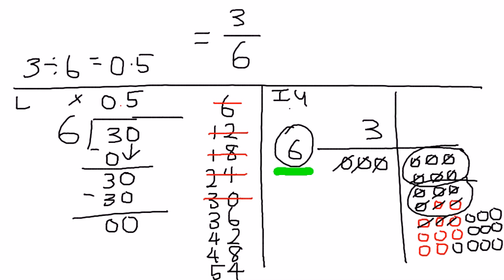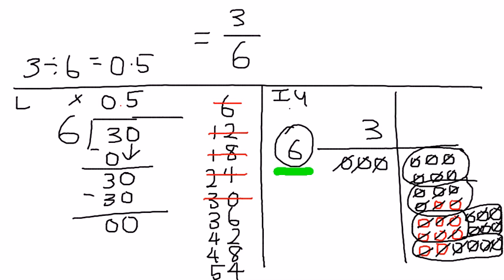Another group. Another group. Lastly, 1, 2, 3, 4, 5, 6. Last group. Okay, now, are there any more balls remaining? No, there are not. Okay, so let's count the number of groups.